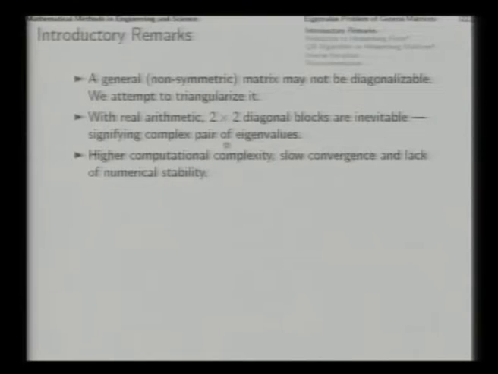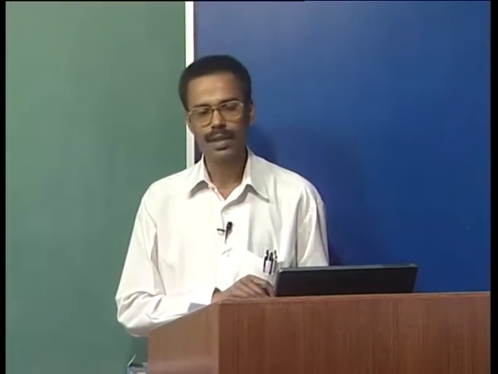So whenever a complex pair of eigenvalues is there, such blocks are inevitable. Next is that the computational complexity of the algorithm is higher, convergence is slow, and sometimes the numerical process may turn out to be unstable. These are the typical difficulties with non-symmetric matrices.